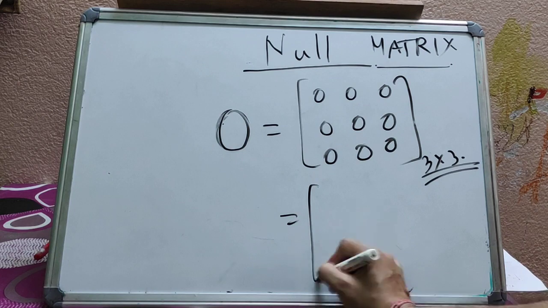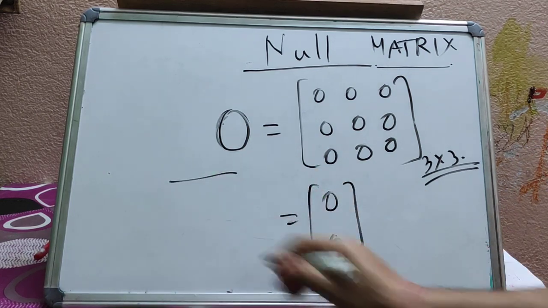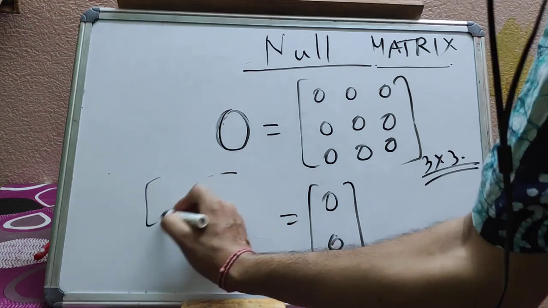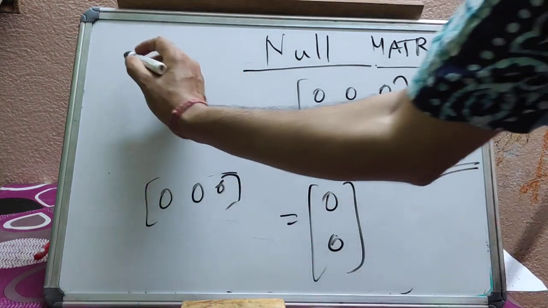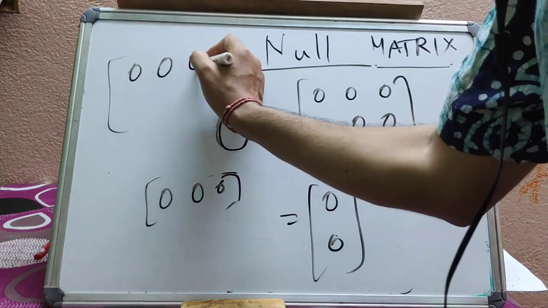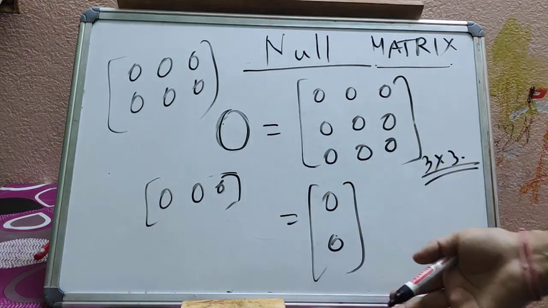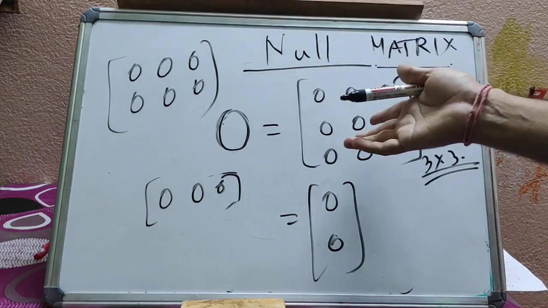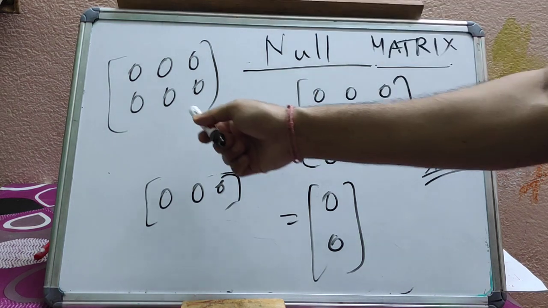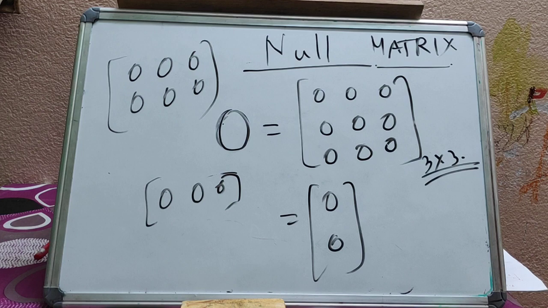It may be like this, or like this, or maybe like this. This is rectangular, this is row, this is column, this is square matrix. Whatever type the matrix may be, the similar thing is that all of the elements are equal to 0. So this is called a null matrix.